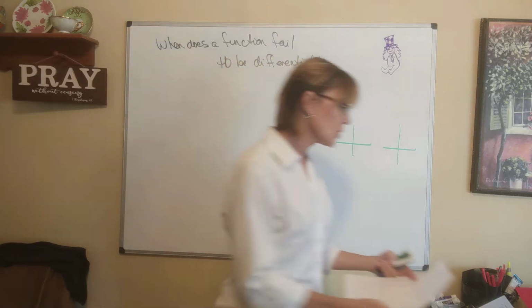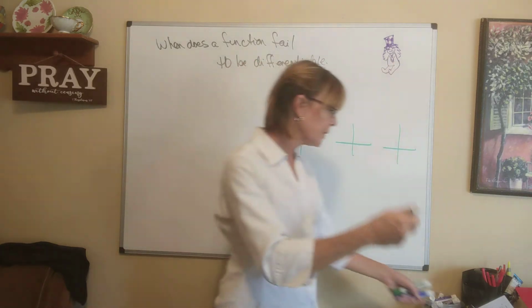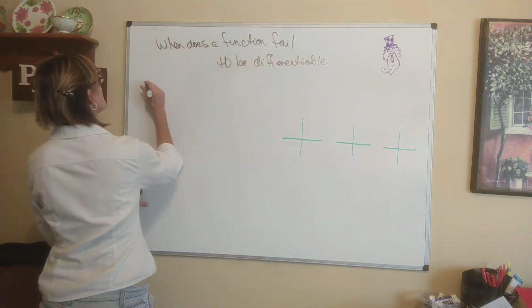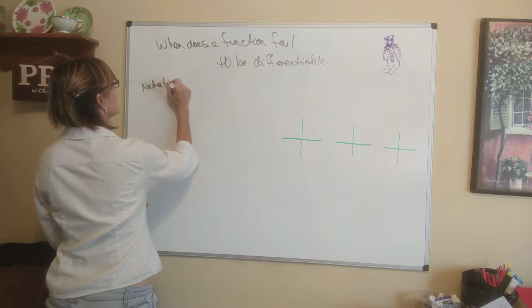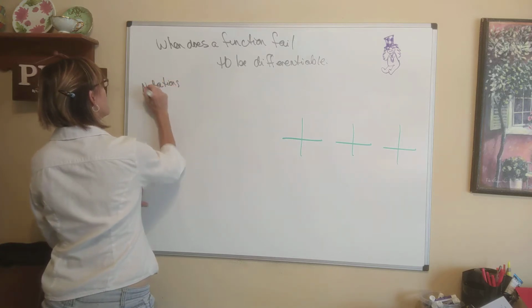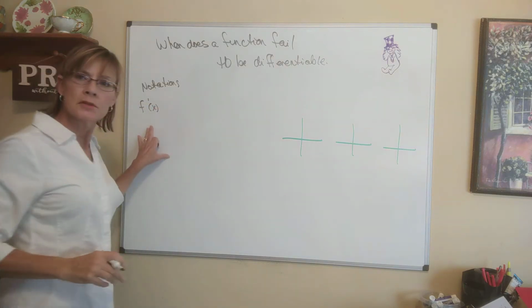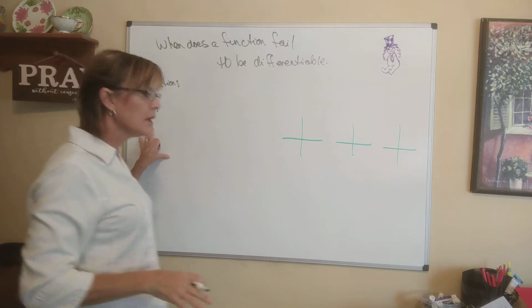So now I just want to show you different types of notations that you will come across with derivatives. You've been introduced to this one, f prime of x. These are notations of the derivative. So we know f prime of x is the derivative of f. That's one way we can write a derivative. Here's another way.